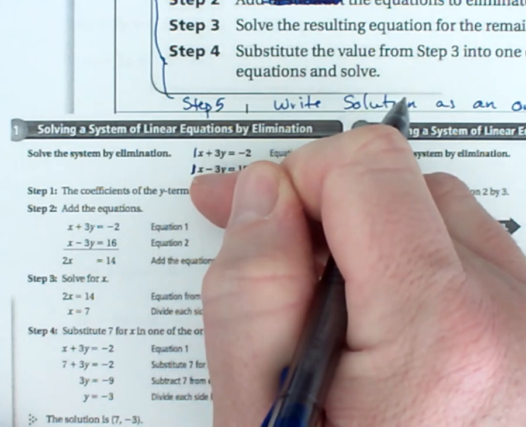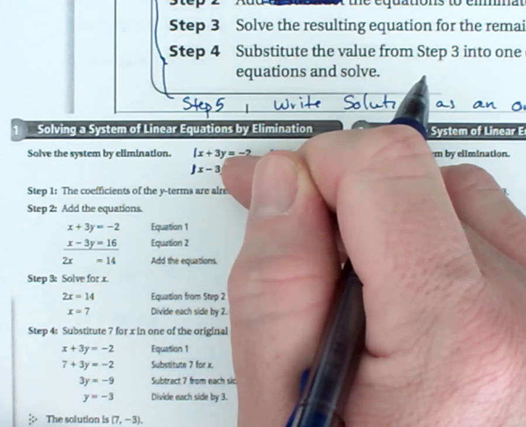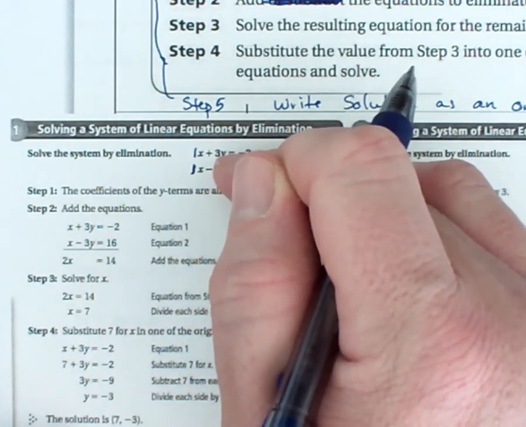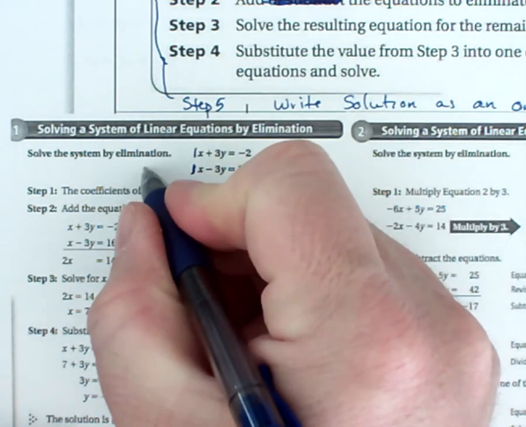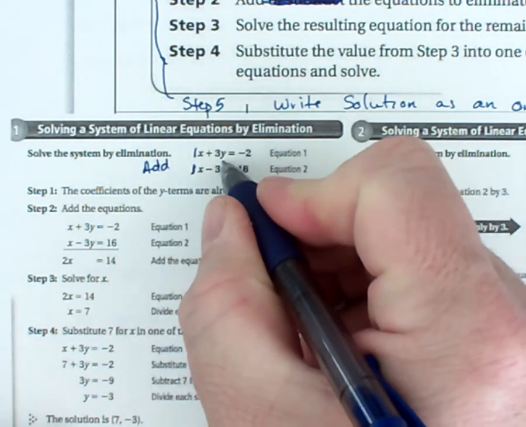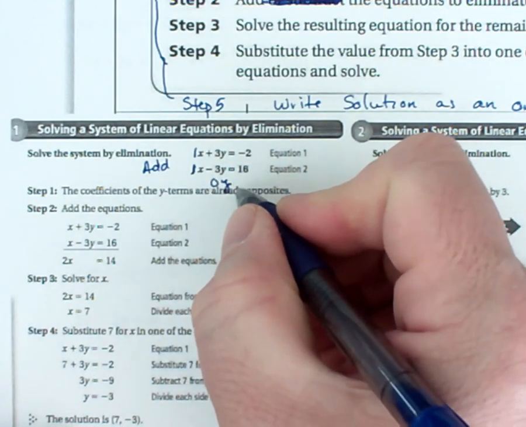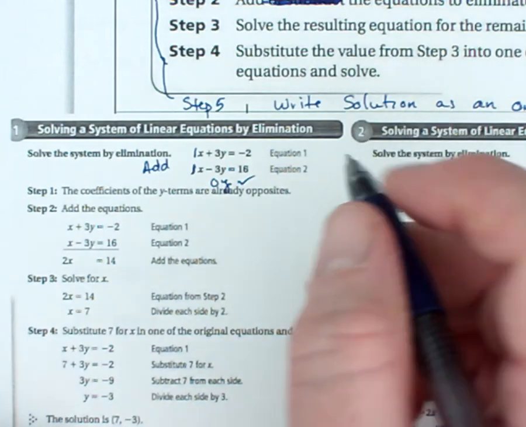That doesn't eliminate anything. But look at the second pair. The coefficient for the variable term of y: plus 3y, minus 3y. If I add them together, that results in 0y. That's my goal, so I don't have to manipulate the equations.